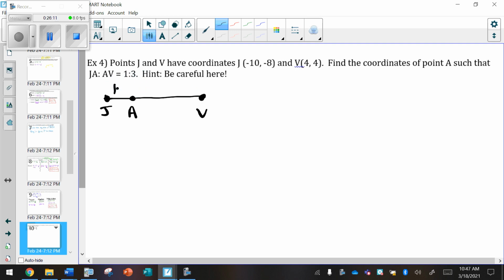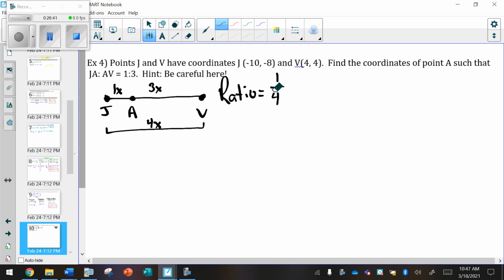So it was 1 part from J to A, 3 parts from A to V, which means from J to V would be considered 4 parts. That means point A is actually 1/4 of the distance from J towards V. So we have to use a ratio of 1/4, not 1 to 3.